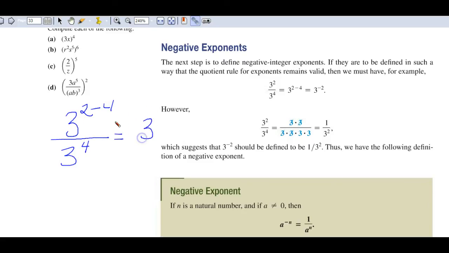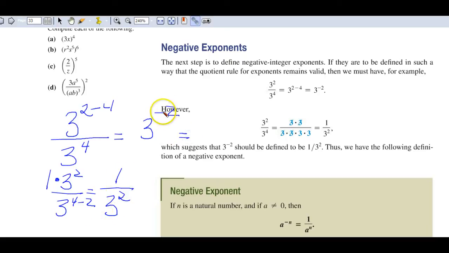So we then have 3 to the negative 2. Now, again, we often don't want to have negative exponents. So if we do it the other way, 3 to the 2nd over 3 to the 4th, bring this down here and subtract it. And remember there's a times 1 there. This is going to be 1 over 3 to the 2nd in the denominator.